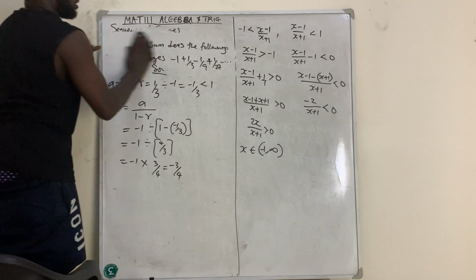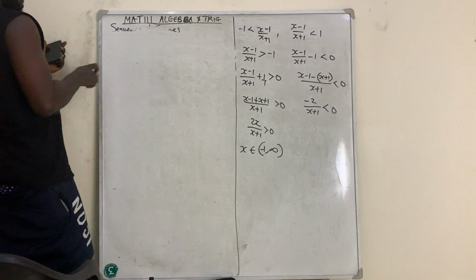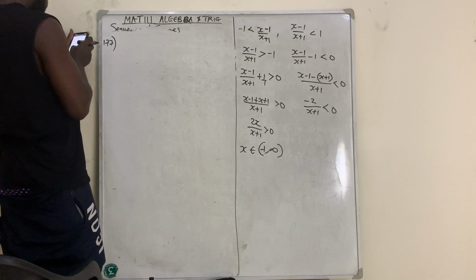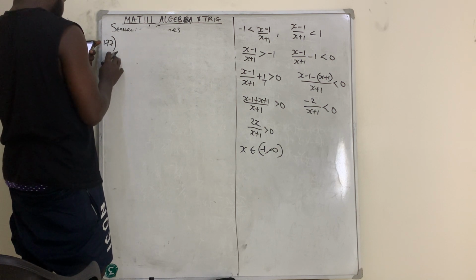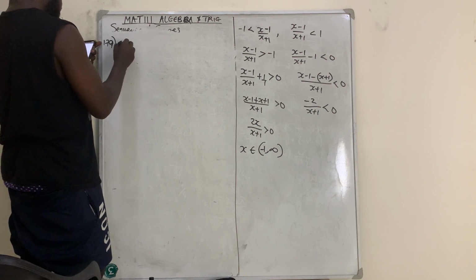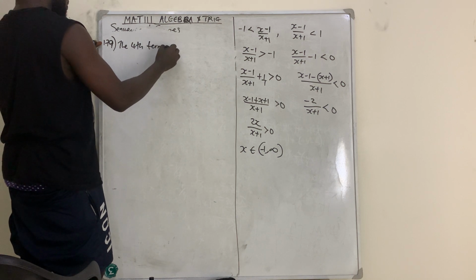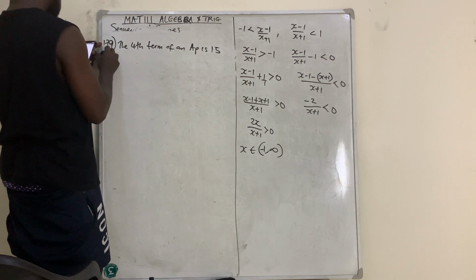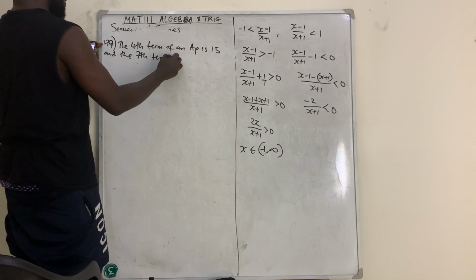We go to question number 177. Question number 177, no, 177, 179. Question number 179 says the fourth term of an AP is 15, and the seventh term is 6.